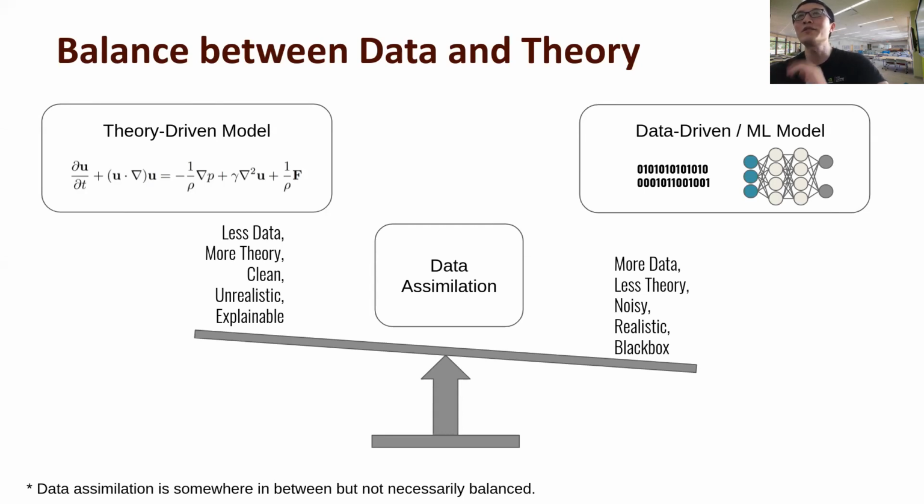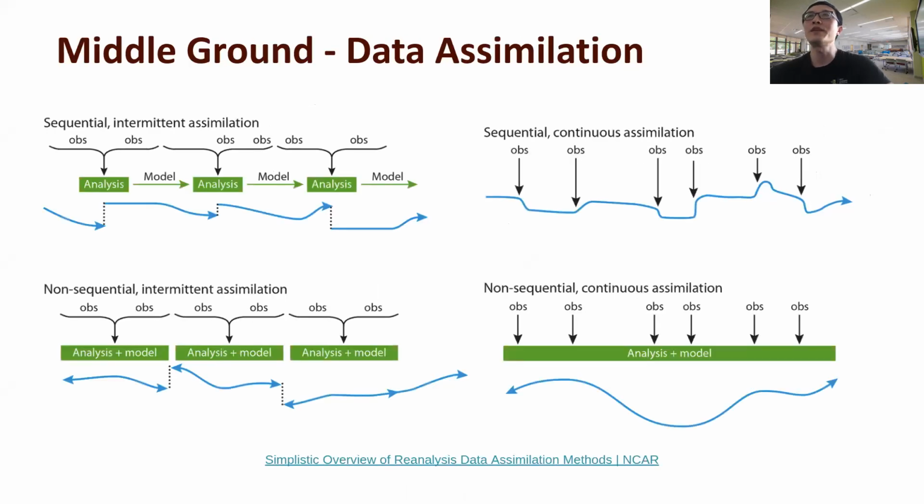But there is something in between. Usually, people doing scientific computing don't pay much attention to data assimilation. Actually, it's very useful in practice. Data assimilation is used a lot in, say, weather forecasting and climate modeling, long-term and short-term weather forecasting, etc. So the basic idea actually is not that hard to understand.